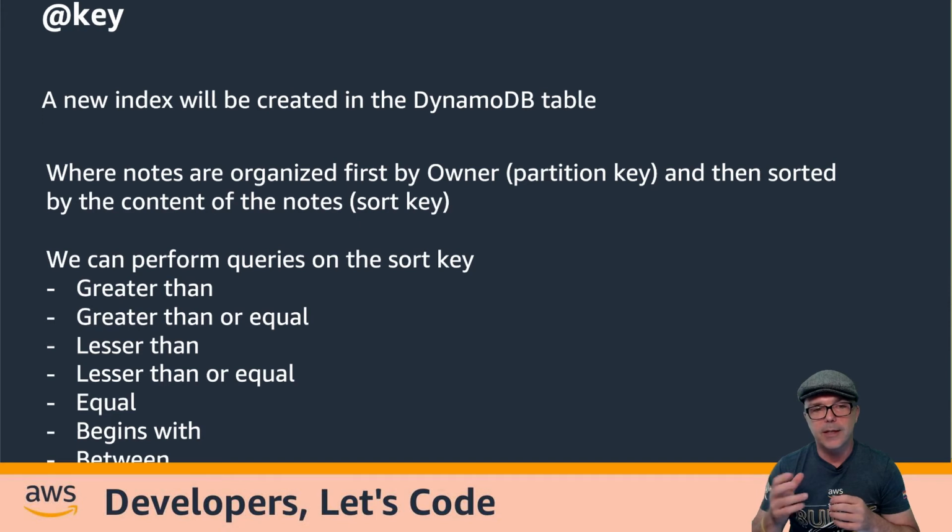In one of those talks, he sits down with Nader Dabit, one of the Amplify developer advocates, and they have quite a great discussion on access patterns and how to use the @key transformer. So check that out as well. That will be on Twitch and YouTube.